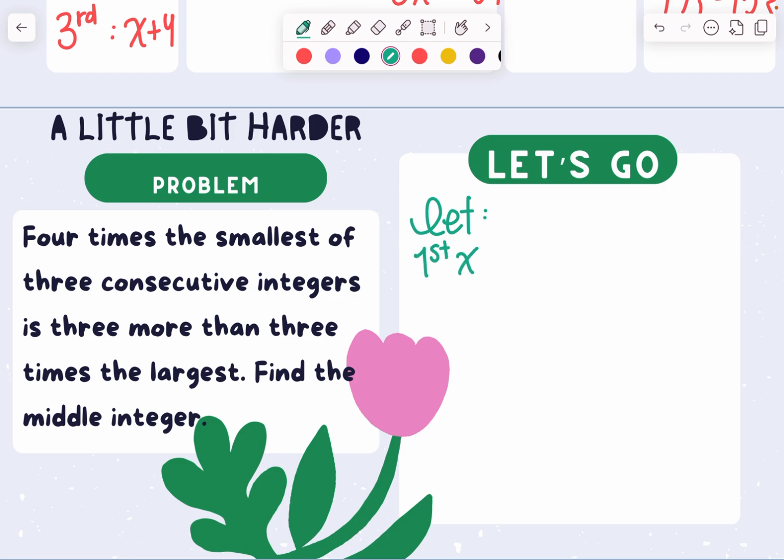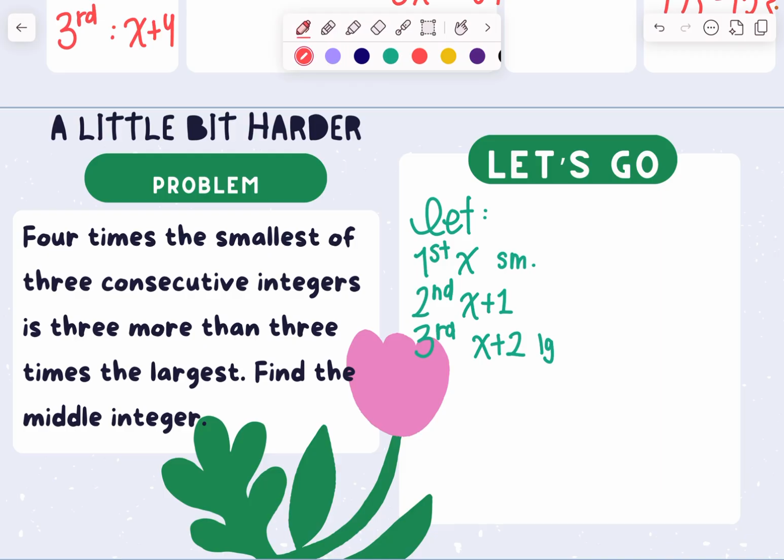It looks like I'm dealing with 3. The second be x plus 1, regular. And then the third be x plus 2. I'm given the words like largest, and I'm given the words smallest. I think we're all in agreement that this first one is the smallest, and this third one is the largest, based on how the arrangement of the expression is.